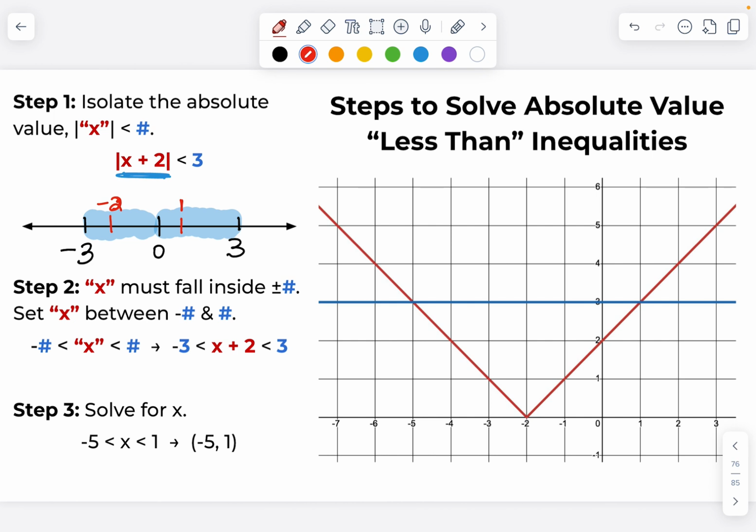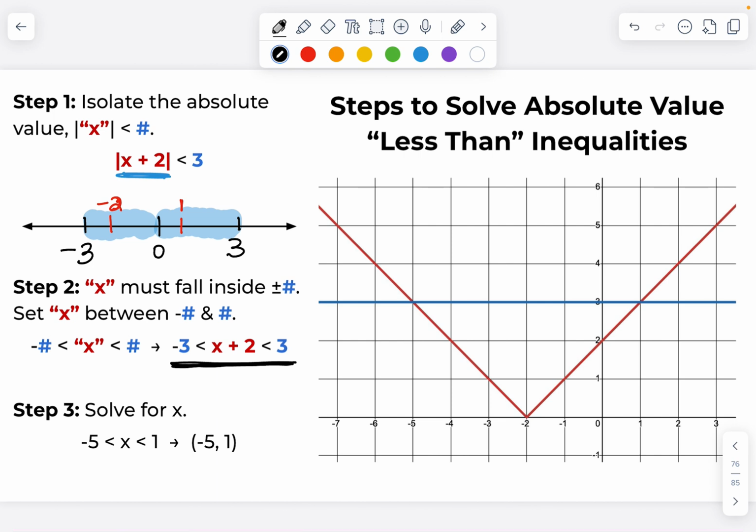All right, so that is how we set up this next step right here. Our second step, once we've isolated the absolute value, is to take whatever is inside the absolute value bar, so in this case, it's x plus 2, and set it between that number and the negative of that number.